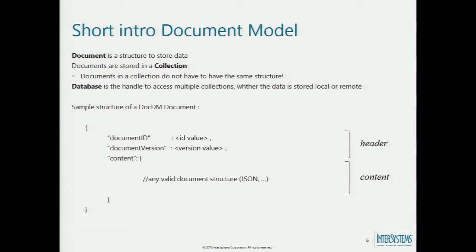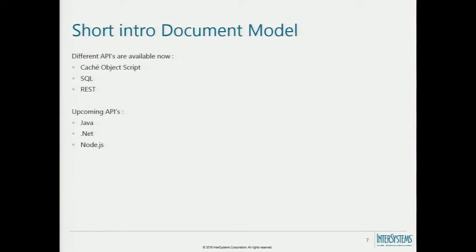It may be a wise decision to put documents that are alike in one collection, but you don't have to. One document doesn't need to be the same structure as the next one. It's up to you to store whatever you want there.